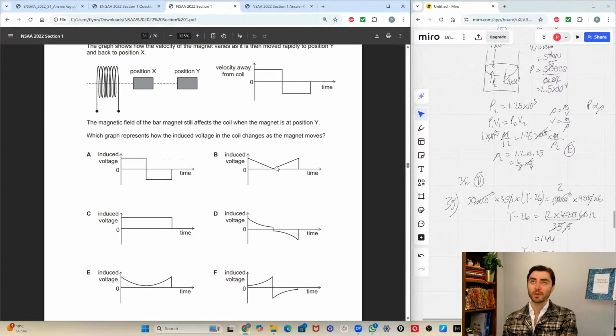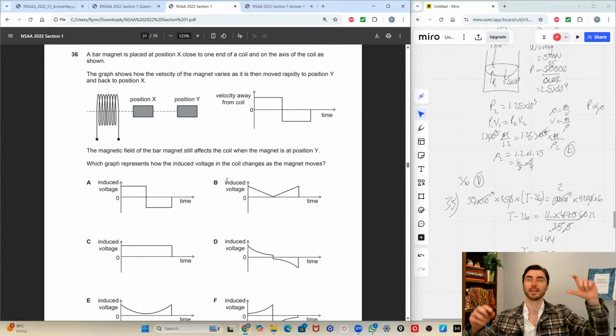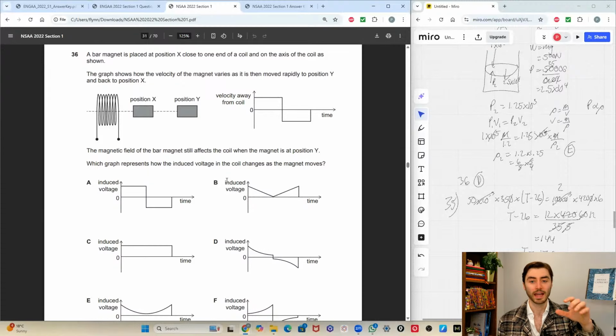You could get there from the GCSE from knowing that as you move the magnet away from the coil, that will cut the field lines. So the field lines will cut the coil, inducing a voltage, inducing a current. Current in the coil induces an electromagnet, and it's going to oppose the change that creates it.